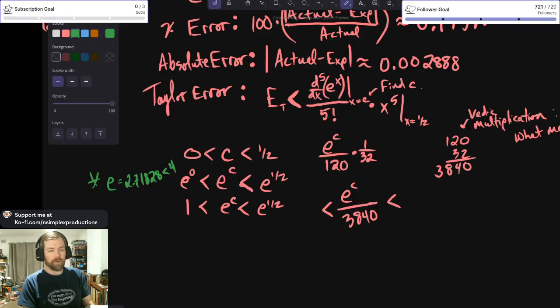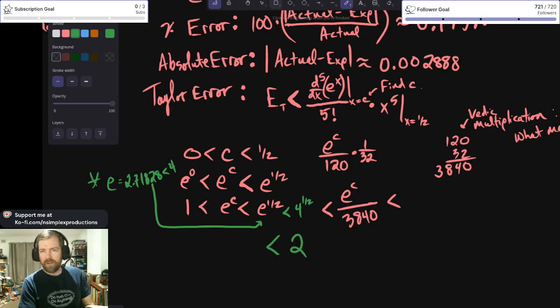I think we can all agree. So therefore, this is going to be less than 4 to the 1/2. So this is a wild amount of error, but nonetheless, we're just choosing it to say, okay, look, this e to the c is less than 2. And we already know it's greater than 1.